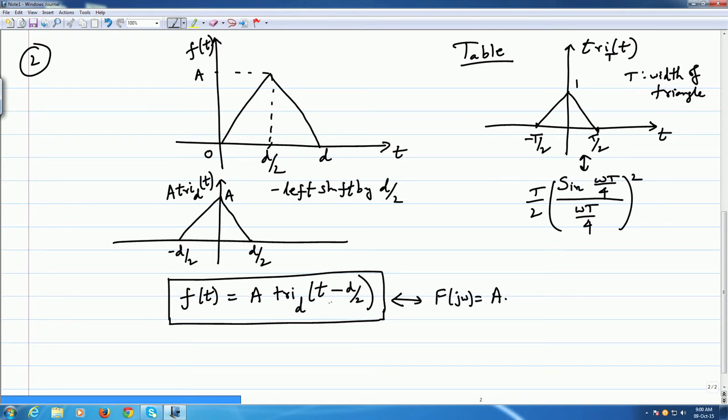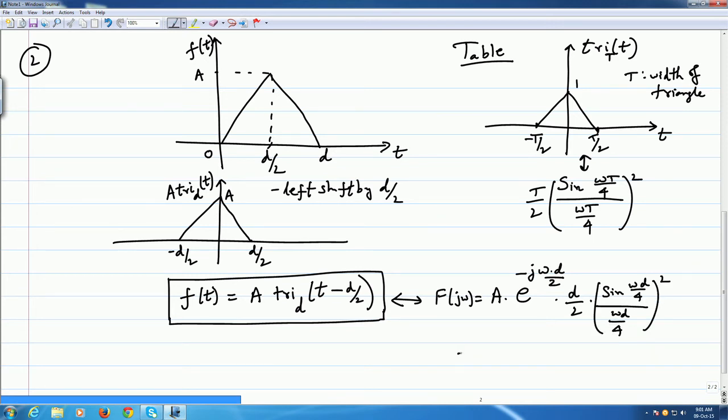Now notice this is t minus d by 2, so I need to multiply by e power minus j omega d by 2. Now I have the Fourier transform of triangle with base d, and that is simply d by 2 times sin of omega d by 4 by omega d by 4, whole square.